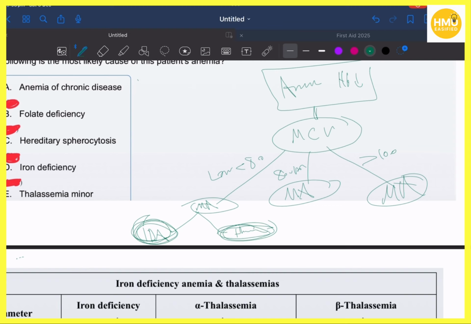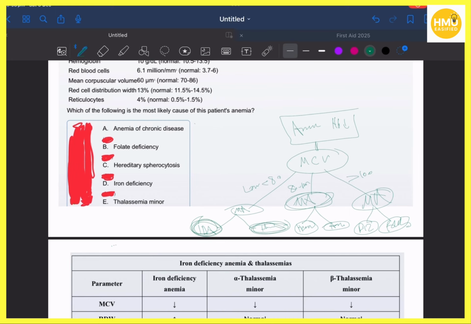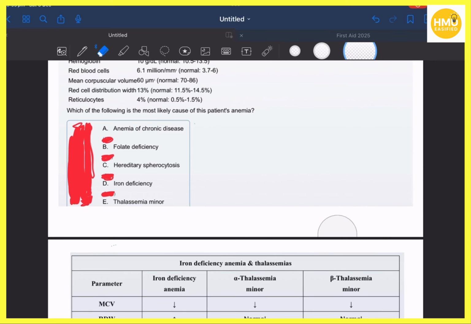For normocytic anemia, you should think of two things: either hemorrhage, the patient losing blood somewhere in the body, or hemolysis. Whereas in macrocytic, you should think of B12 and folate. Obviously that's probably 90% of the stuff, but there are other things that come with microcytic, normocytic or macrocytic anemia.